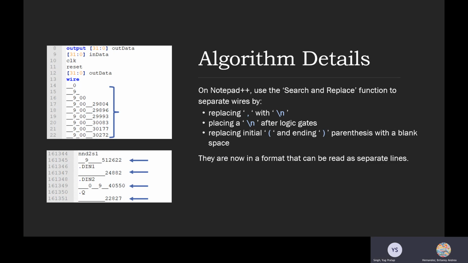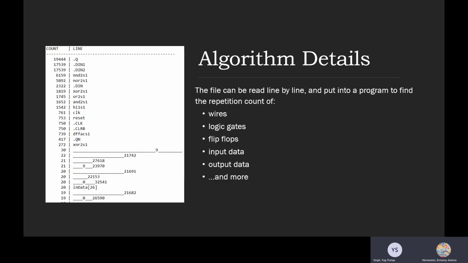Now they can be read in a format that are separate lines. This is important because it can be fed into a program to get the counts of each line, and they can inform us on how many wires there are, how many logic gates there are, flip-flops, input data, output data, and more.